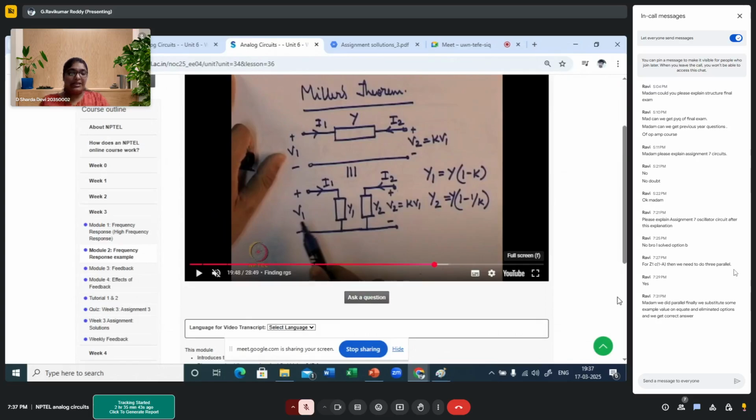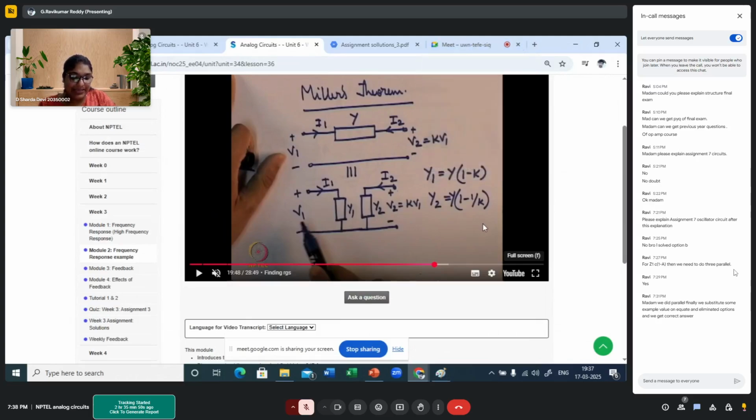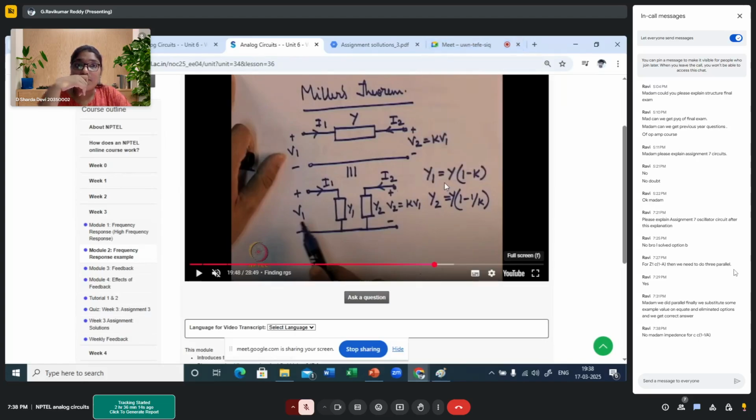No. But see, 1 upon C is impedance. XC that we write, no? When we do the Laplace transform, the 1 by Cs that we write corresponds to the impedance. It does not correspond to admittance. As per your point of view, if you take it like that, even the input side should be different, right?